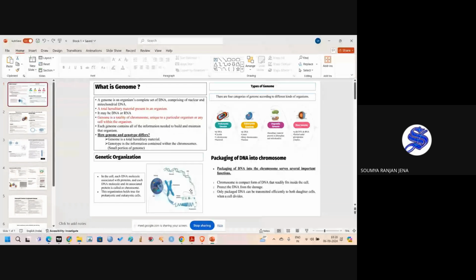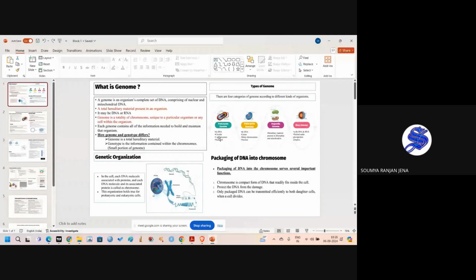These DNA molecules are folded to form a chromosome, and this organization holds true for prokaryotic as well as eukaryotic cells. The chromosome is present in both prokaryotic and eukaryotic cells.